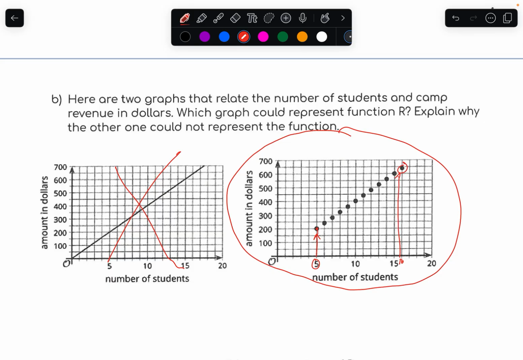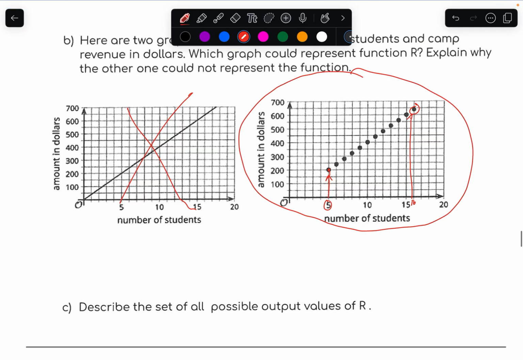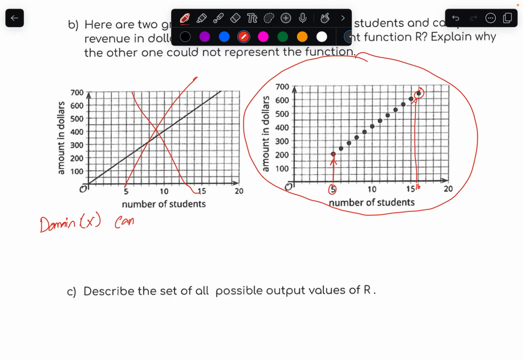And there cannot be any connection between those values on the graph because that would be indicating that you could have decimal or fractional people, and that is not going to be possible. So the domain, or the x values, cannot have fractional people.